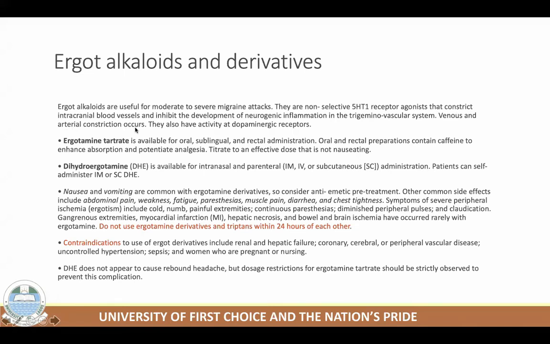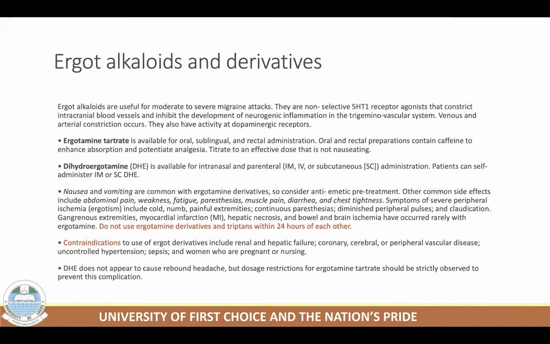There are two congeners that I mentioned here, ergotamine tartrate and dihydroergotamine. Dihydroergotamine is available for intranasal and parenteral or subcutaneous administration, while ergotamine tartrate is available for oral and rectal use. Preparations containing caffeine enhance absorption and potentiate analgesia.